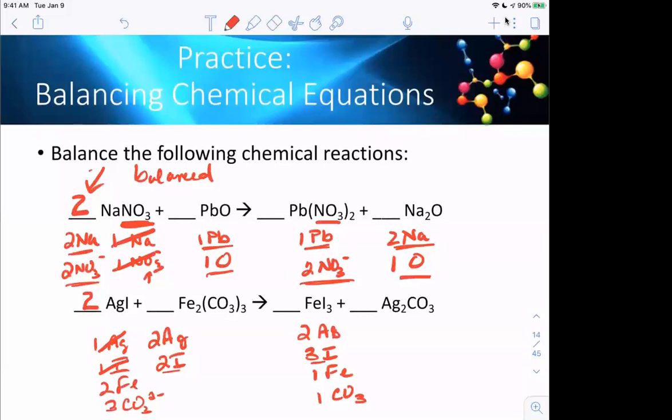So let me try something different. What if I put a 2 here? That'll give me 2 iron, and that'll give me 6 iodines.